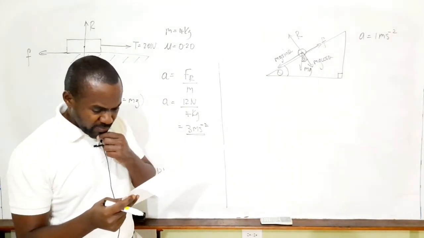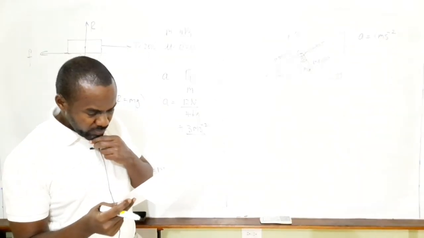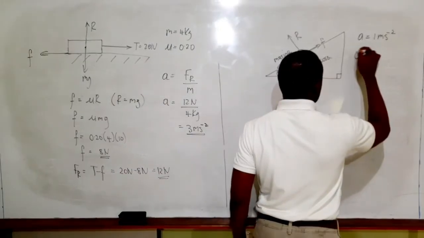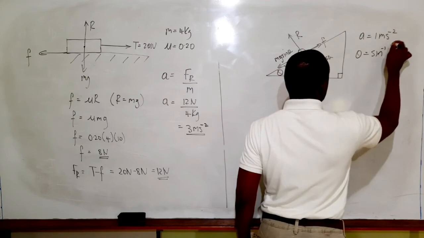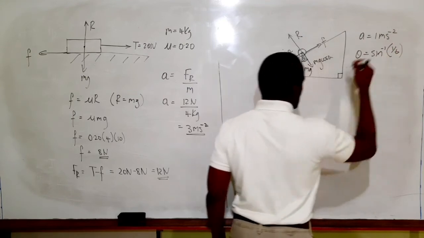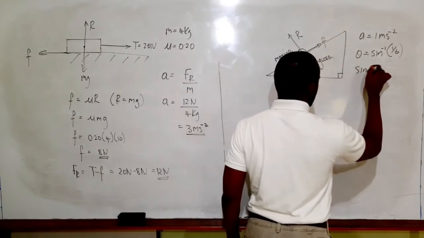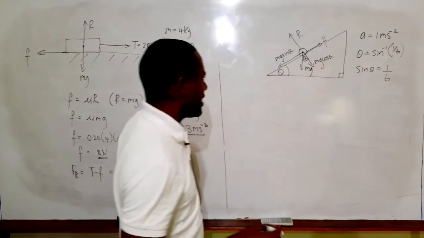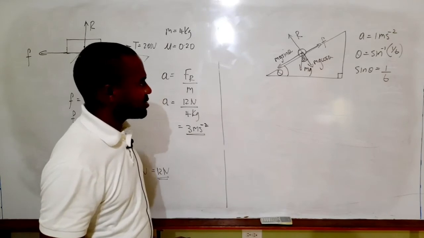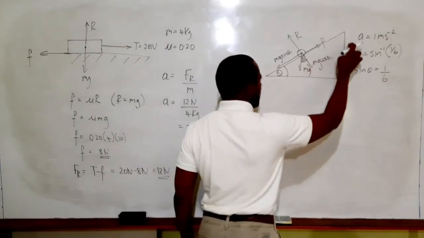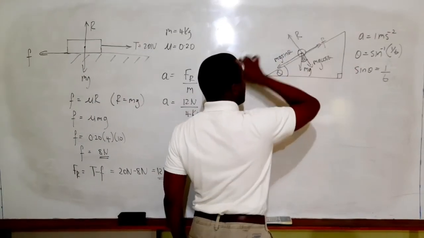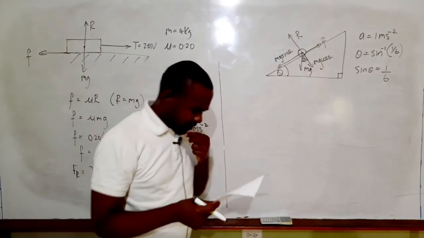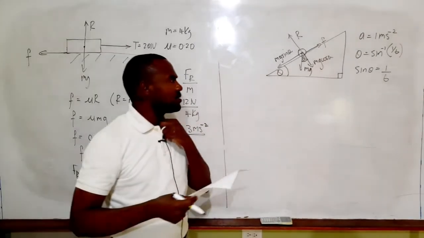Now the angle is defined as theta equal to the sine inverse of 1/6, which means that sine theta is equal to 1/6. So the vertical height would be 1, then the hypotenuse or the length of the ramp would be 6.